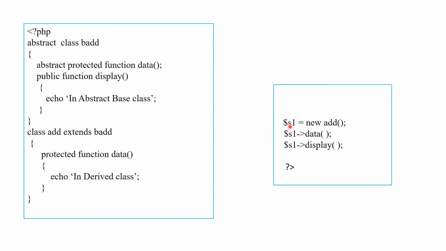By using this object, you can call $s1 data, which goes into this method and displays the message "in derived class". Then you call $s1 display, and this method displays the message "in abstract base class".